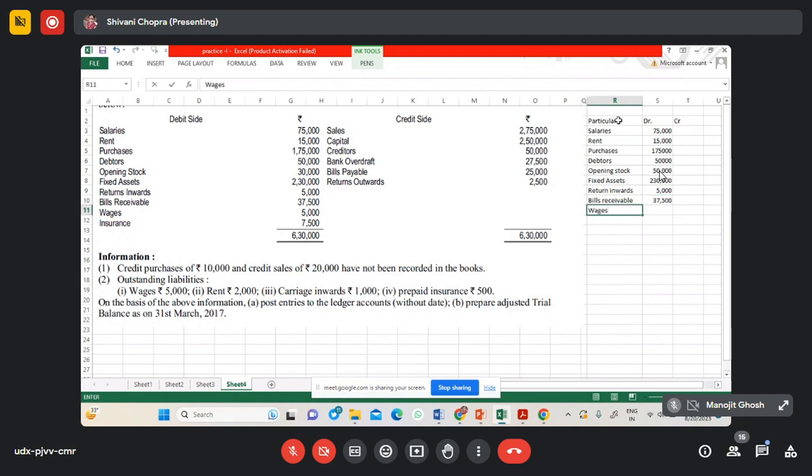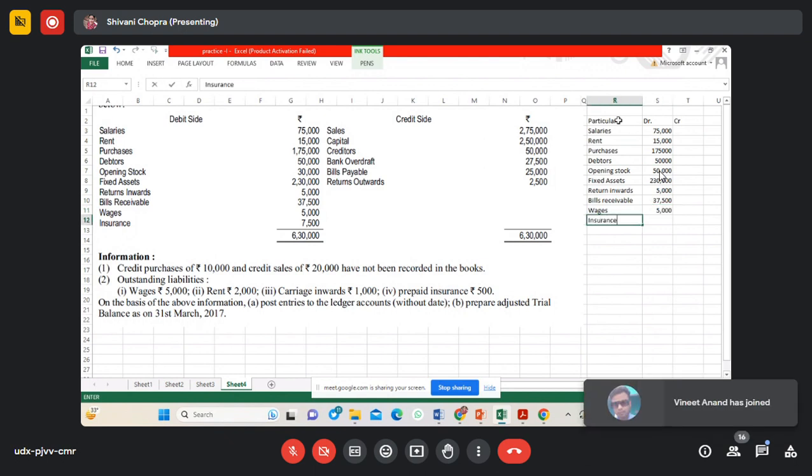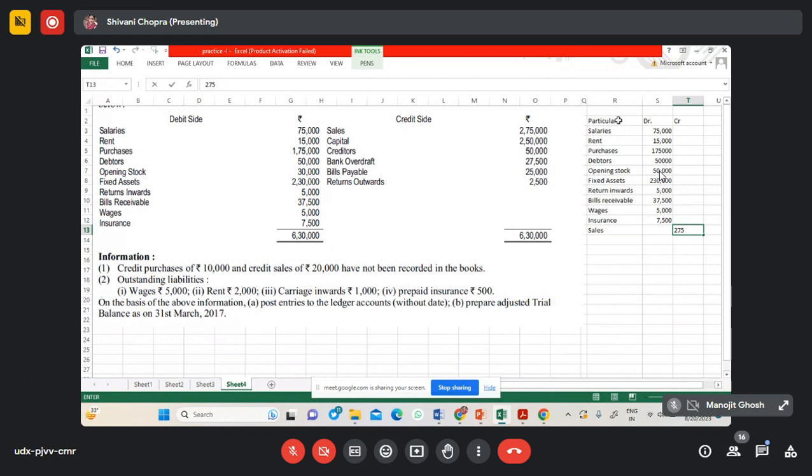Wages, you have 5,000. Insurance, you have 7,500. Then you have sales, 2,75,000. Capital, 2,50,000. Creditors, 50,000.